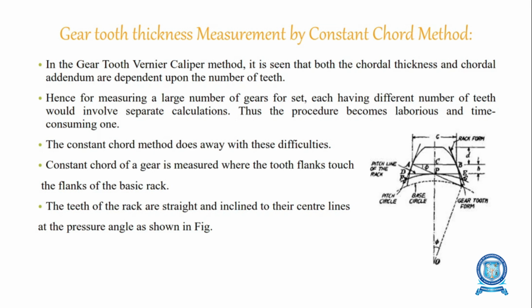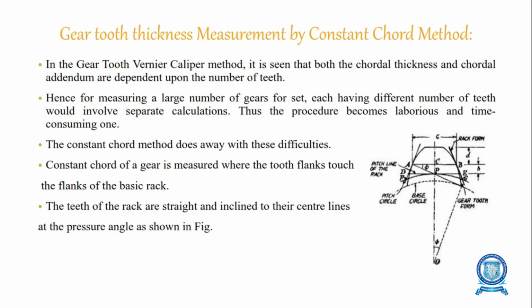So the constant chord method does away with these difficulties. This method measures where the tooth flanks touch the flanks of the basic rack. The teeth of the rack are straight and inclined to their central lines at the pressure angle.